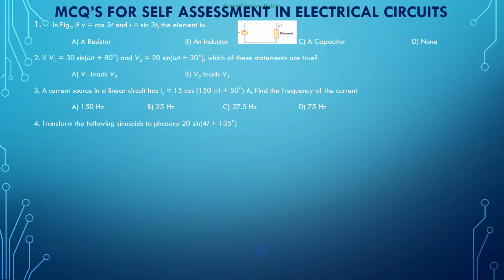No, because it is in a sine term. We have to first convert it into cosine. Sine in terms of cos, we have to subtract 90. So it is 20 at an angle 135 minus 90, which is 45. So 20 at an angle 45 is your correct answer.